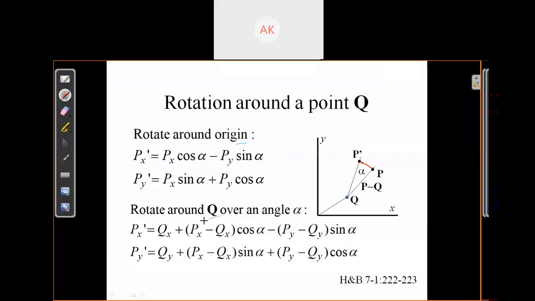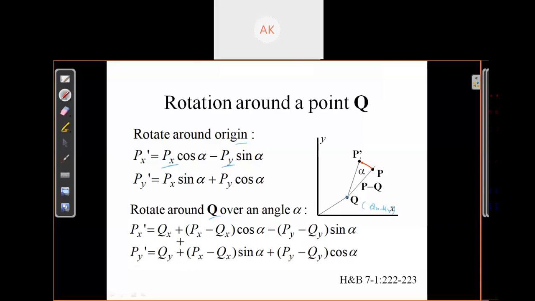When your rotational point is q, with coordinates qx, qy, for the x coordinate you will write qx plus, changing with px minus qx into cos alpha, minus py minus qy into sin alpha.